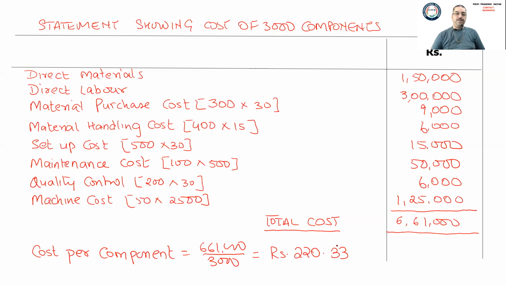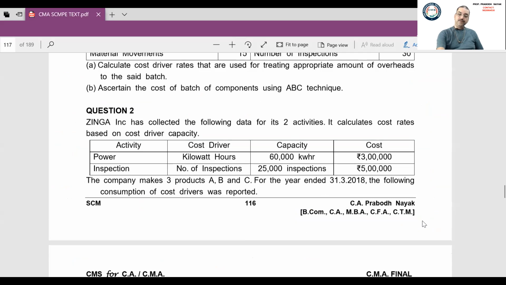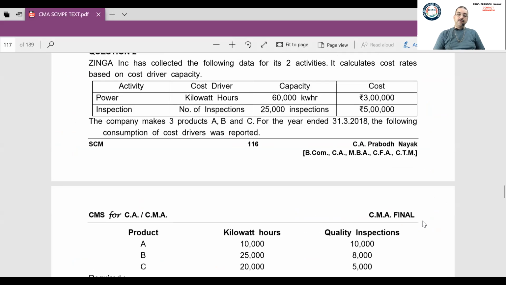So simple problem we had over here. Let us come to question number 2. Another simple, small problem. Zynga Incorporation has collected the following data for its 2 activities.